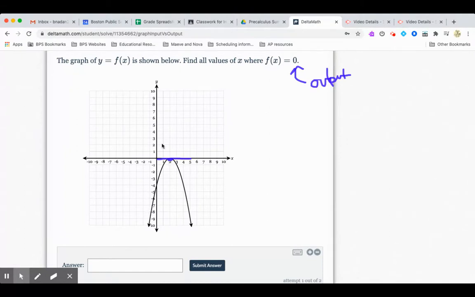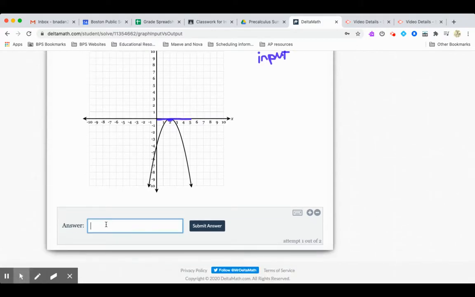It's at the vertex of this parabola, and it is when the input x, I should label that, is 2.